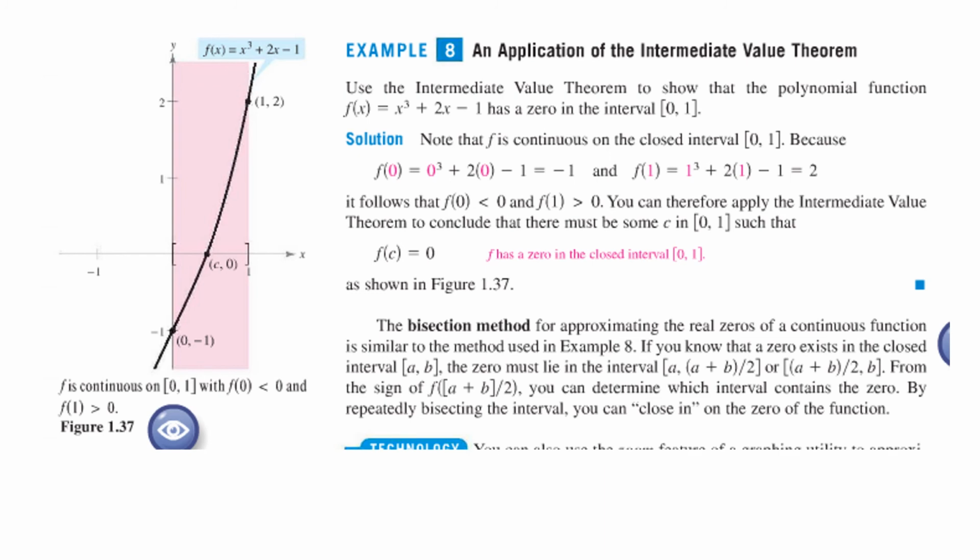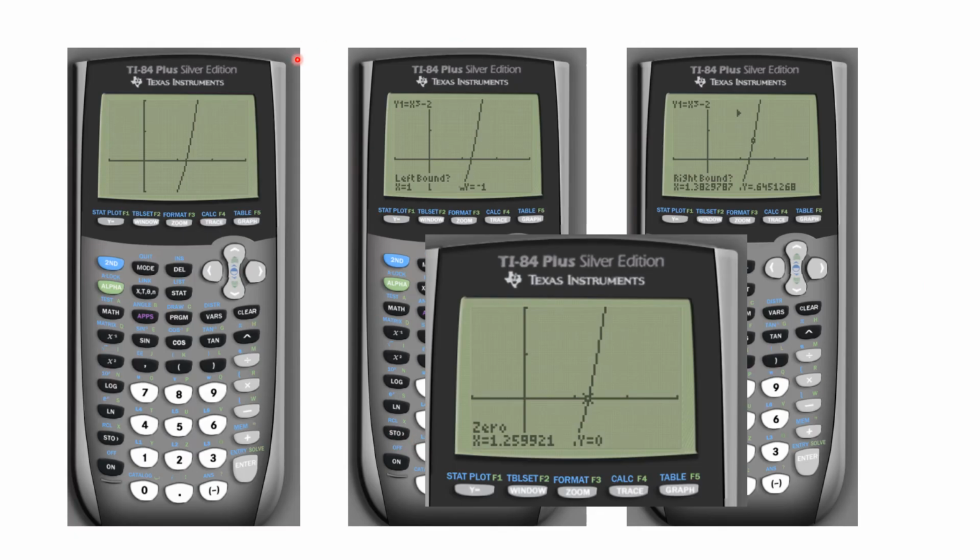This is exactly what your calculator does. If you're trying to find where this hits the axis, it will ask you what is a left bound. You will pick something that is negative. It will ask you what is a right bound. You will pick something that is positive. It knows there's a root in between. It goes through the calculation and eventually renders you an approximation to the 0.